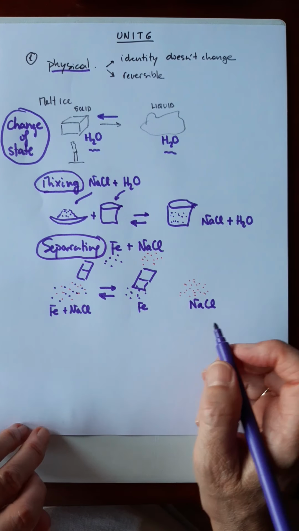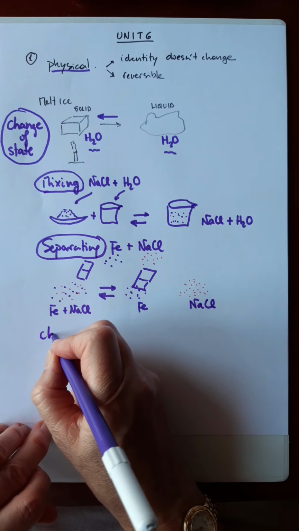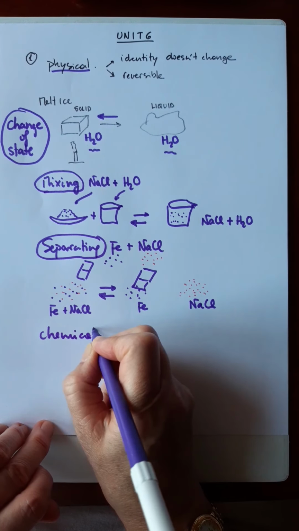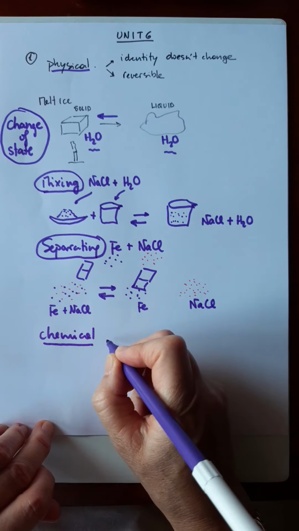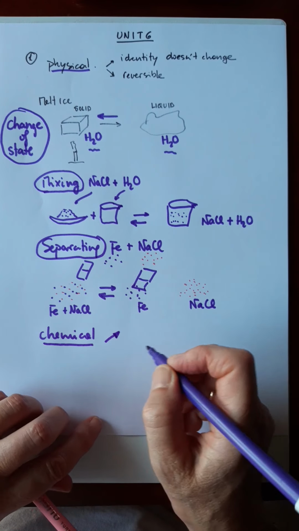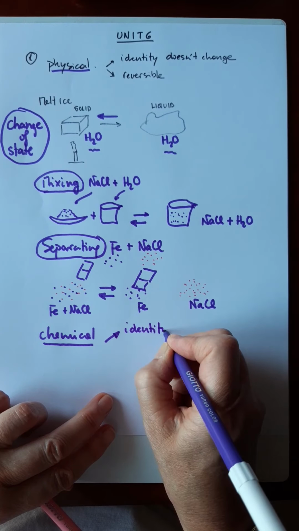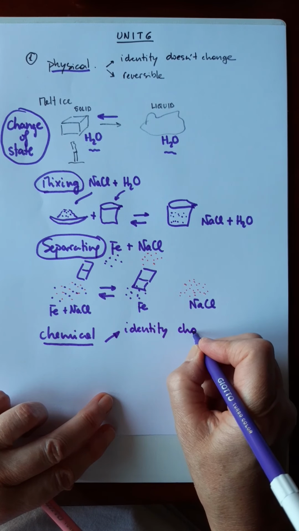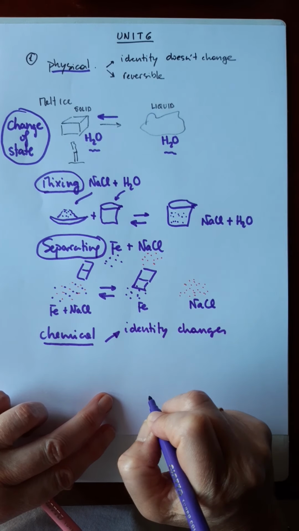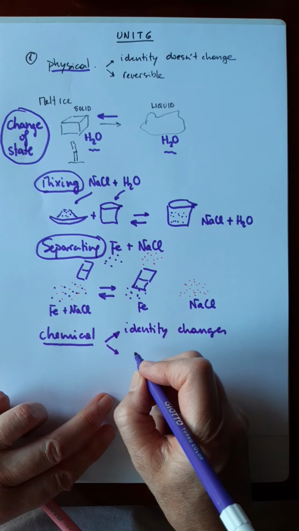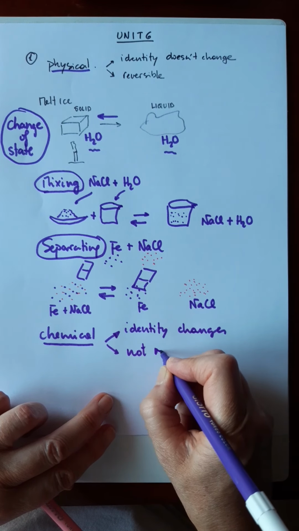What about chemical changes? Chemical changes are those changes in which the identity of the substance changes, and they are not reversible.